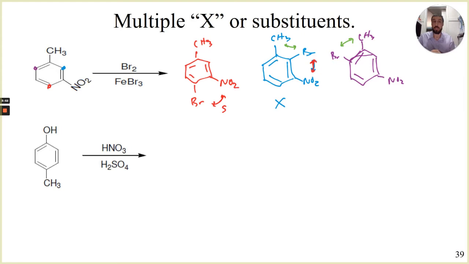Or a likely product. If we then move through to the red versus the purple, it does become a little bit more challenging to nuance this because we're trying to decide which is larger, CH3 versus nitro. And there are tables of kind of size that you could look up to see that preference.